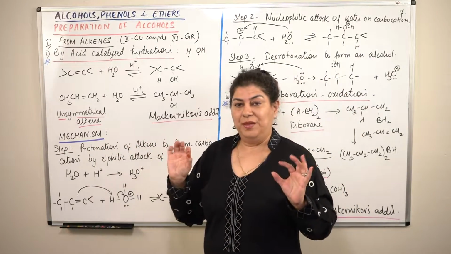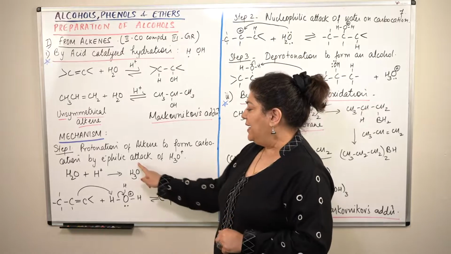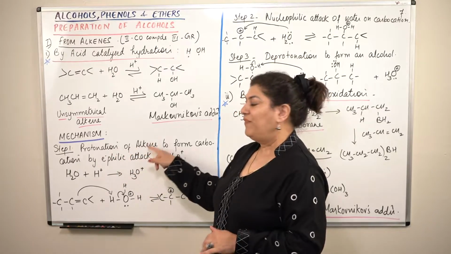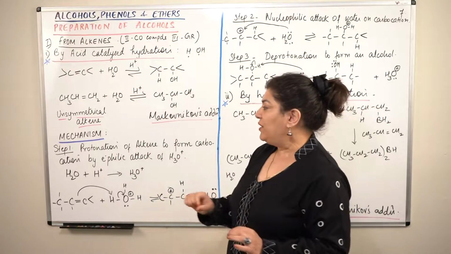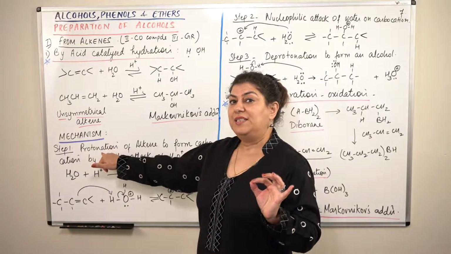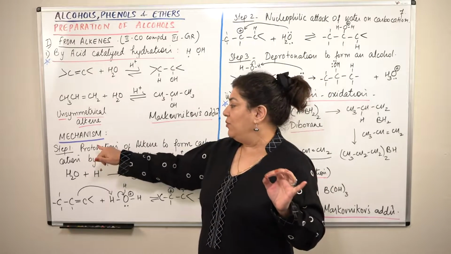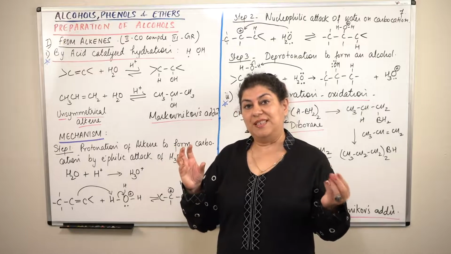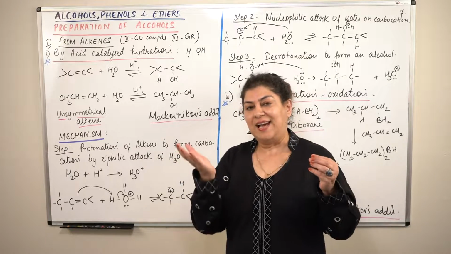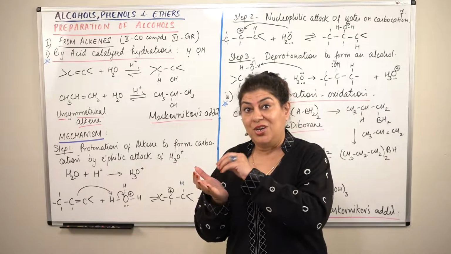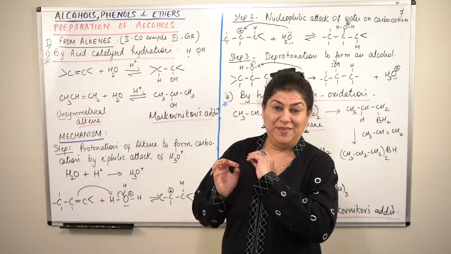In the mechanism, the first step is protonation of the alkene by the hydronium ion. The proton is positively charged. When a positively charged substance attacks, it obviously attacks the negatively charged part of the molecule, right?